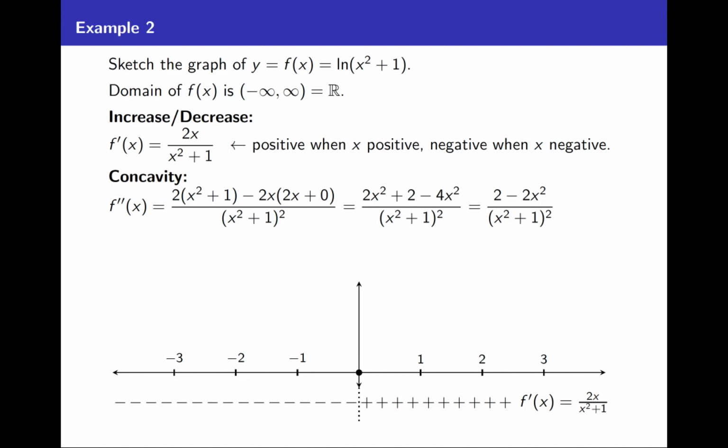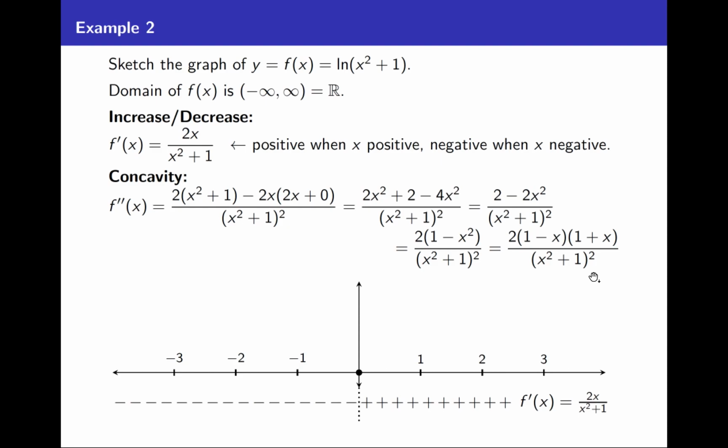So we probably want to factor this thing as much as we can. A 2 factors out of the numerator. So on the top, we get 2 times 1 minus x squared. And that 1 minus x squared is a difference of 2 squares. So let's factor that. And now we have our second derivative totally factored as far as it'll go on the numerator and the denominator.